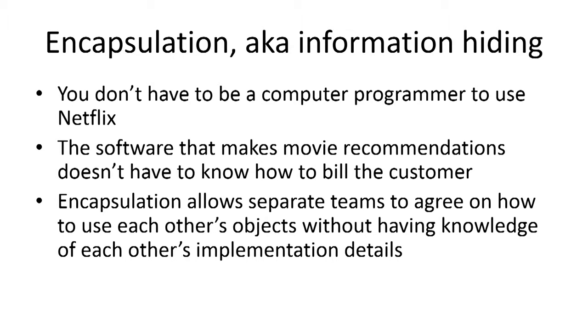So this idea of encapsulation and of information hiding is a key tenet of object-oriented programming. This idea of there's some information over here that's mine, and there's some information over here that I'm willing to share with you, and you only get to see the information that I'm sharing. So this is good because it allows separate teams who don't need to know anything about each other's implementation details in order to get value out of each other's software.